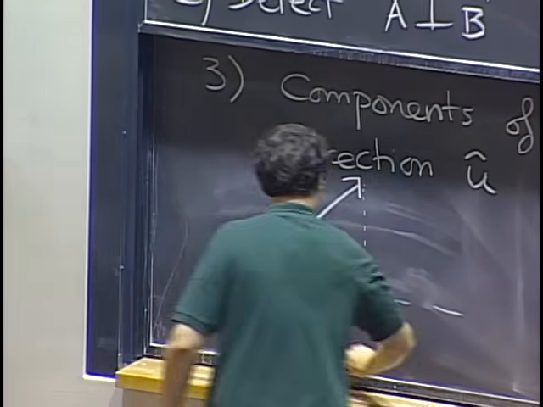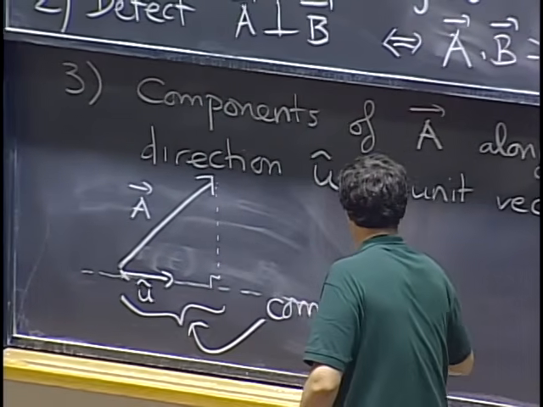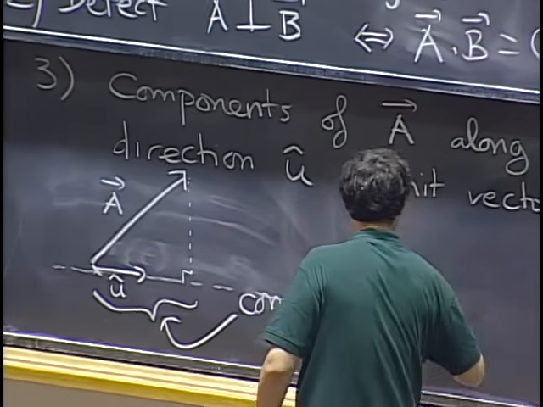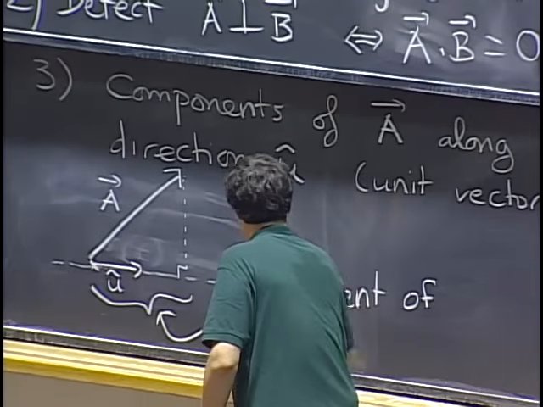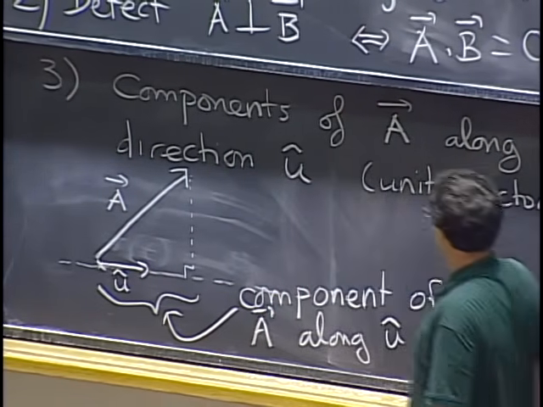Okay, so this thing here is the component of A along U. How do we find that?